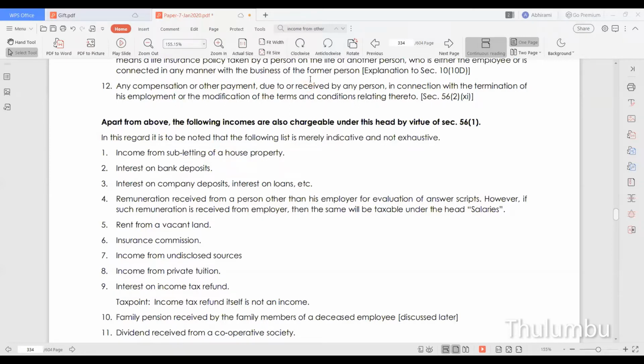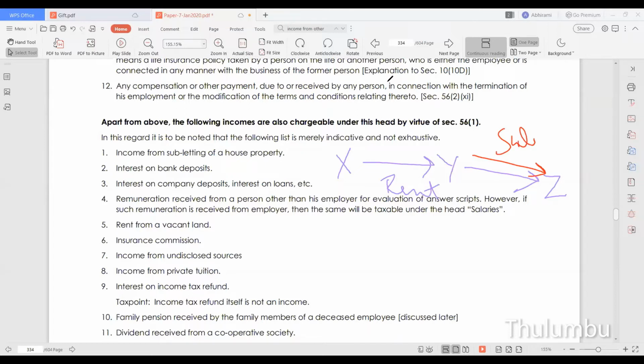So say for an example, say Mr. Y has taken a house on rent from Mr. X, and Y is giving it to Z. So Y to Z is called subletting.